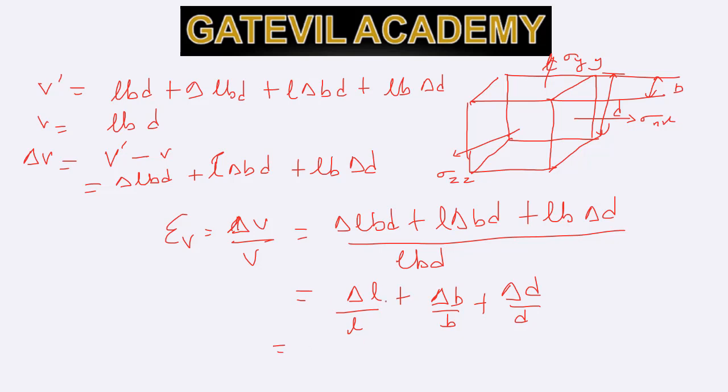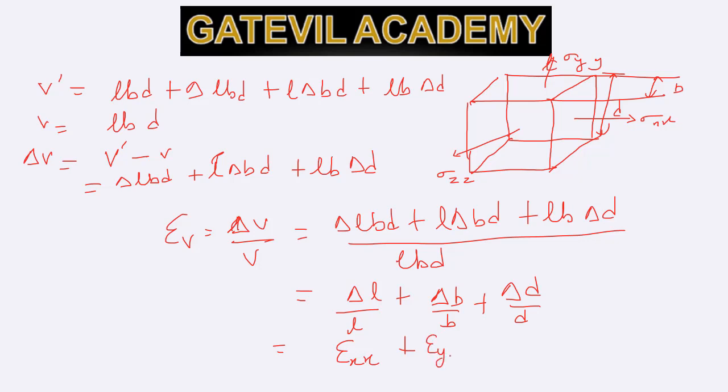So this delta L by L is the change in length by original length in the direction X. So this will be equal to epsilon XX, the direct strain in the X direction, whereas this delta B by B is the change in length in Z direction divided by the original breadth.